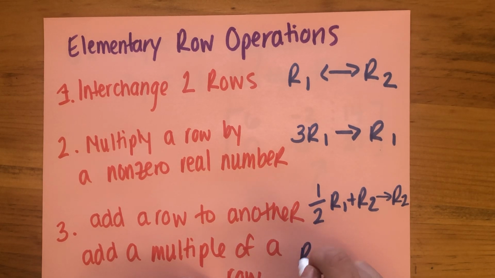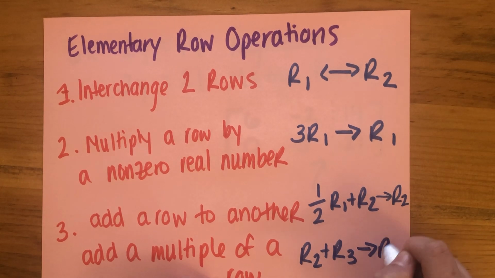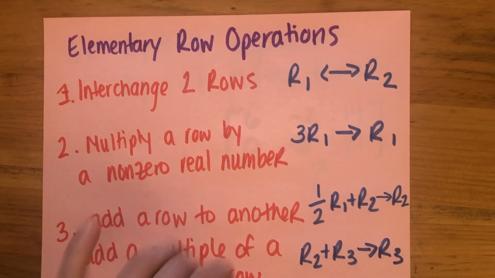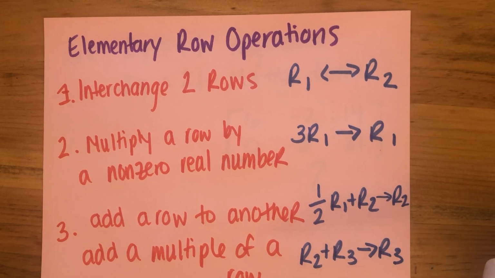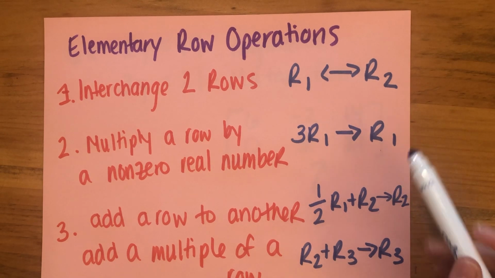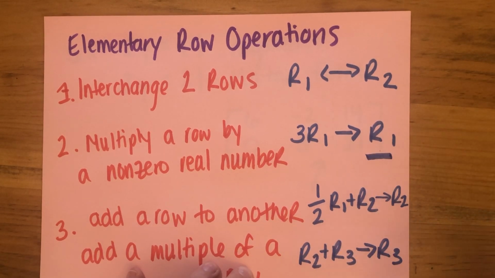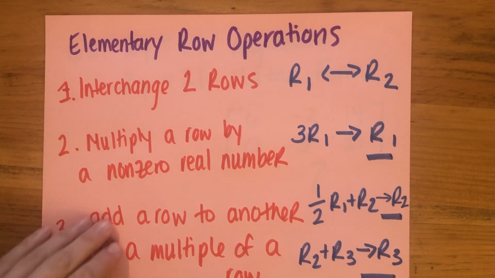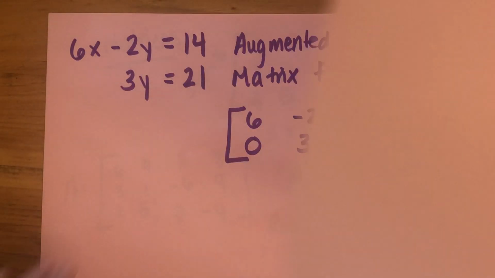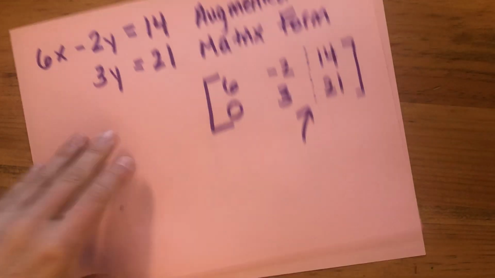Or I can just do row 2 plus row 3, and we're going to keep it in row 3. So the left-hand side are the operations that we're performing, and then the right-hand side is where we're keeping it. So it stays in row 1 here, row 2, and row 3. Okay, so those are our operations. It's best if we do practice with them.